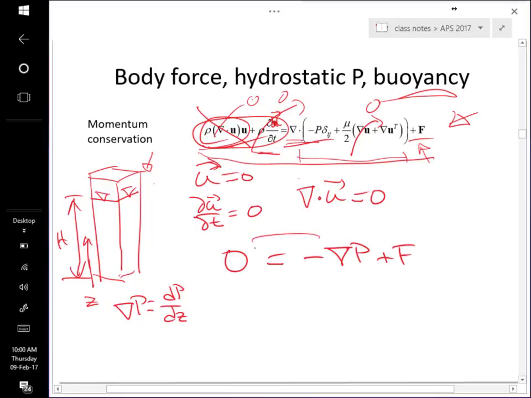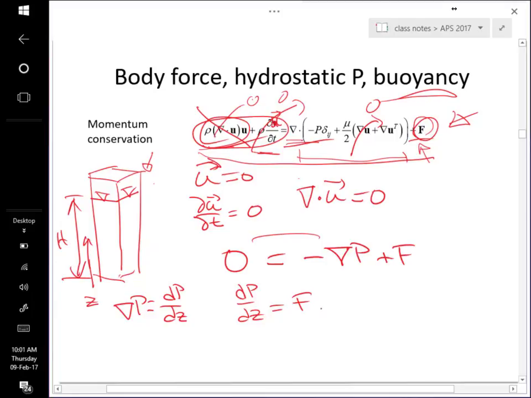And let's bring it over to the left side so we get that. Okay, so the pressure gradient is just, so I guess what we see here, F, we said F was just a source. This comes from the source of momentum, but we never really did anything with it yet. But what we see here is that it's the vertical pressure gradient.